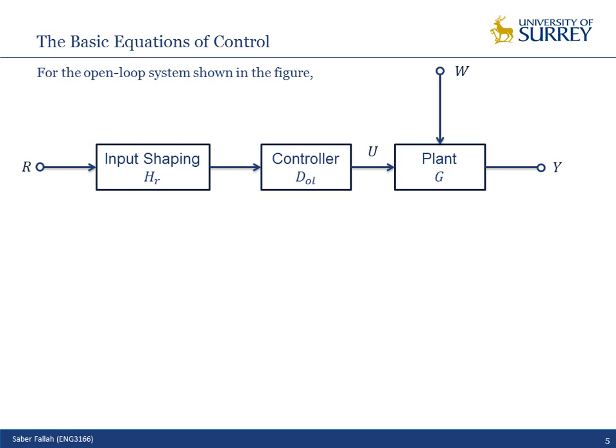What's the input shaping? Any idea? If my output is displacement of a spring mass damper, what's the dimension of the displacement? Usually meter. If I have such output, what can be my input to the system, or reference input?